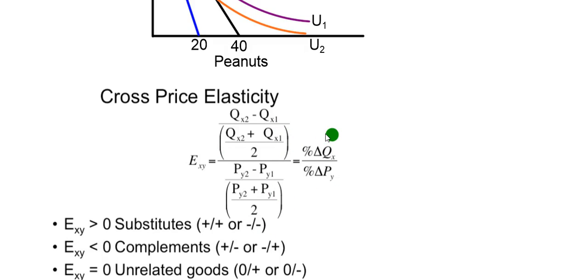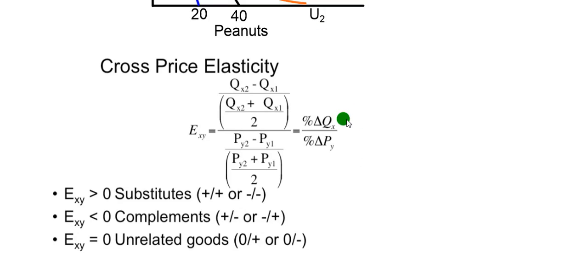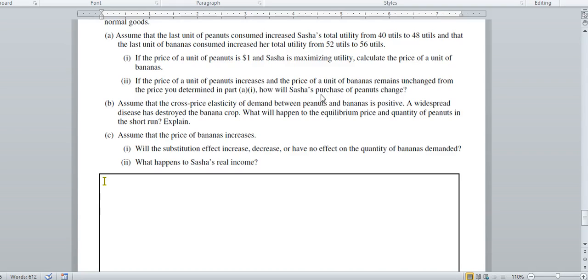And we're computing the percentage change in quantity over the percentage change in price. Let me jump back to the question here. What will happen to the equilibrium price and quantity of peanuts in the short run?